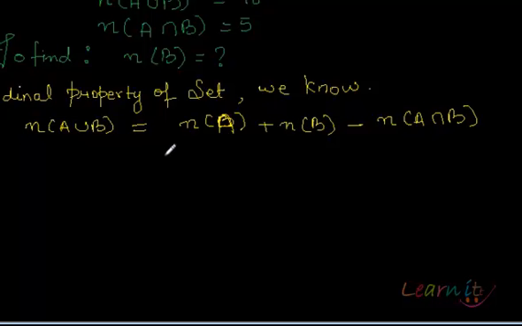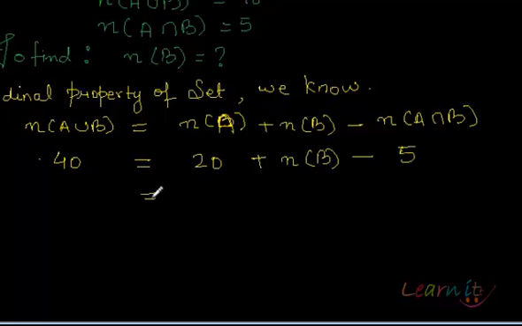The common elements need to be taken out to avoid double counting. So what do we have? We have A union B as 40, n(A) as 20 plus n(B) minus the intersection, given to us as 5.